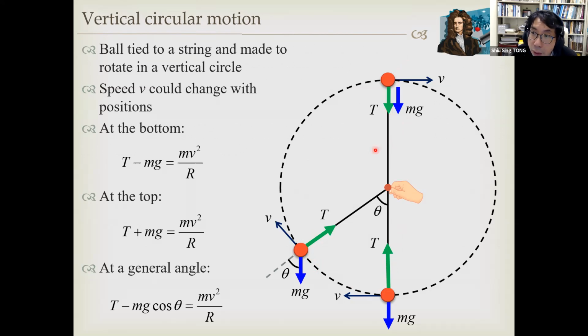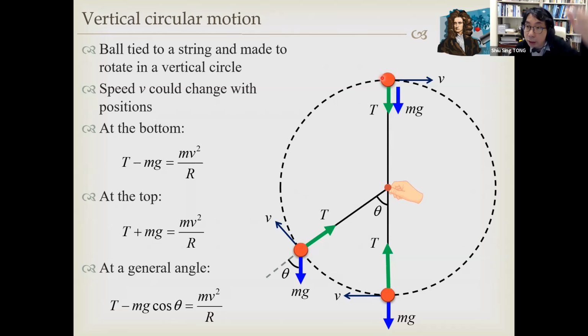Now, this question is not that trivial because we now have two forces acting on the bit instead of one force. The first one is, of course, the force due to gravity. It's always vertically downwards. But now the tension from the string comes from all angles. When the bit is at the bottom, the tension is vertically upwards.